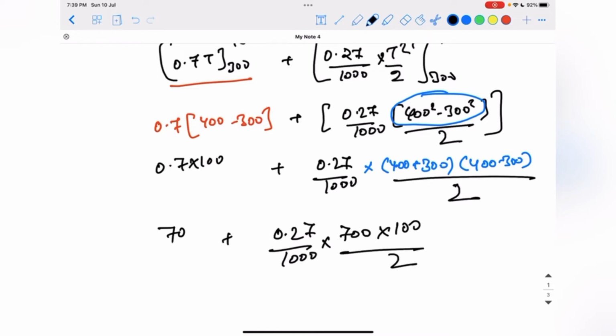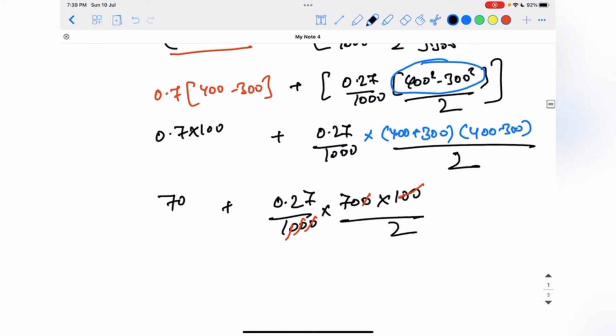Now it becomes very simple. Now I can cancel the 3 zeros, or I can multiply directly from here: this is 70 plus 7 times 27, 7 sevens are 49, 7 twos are 14, 18.9 divided by 2.